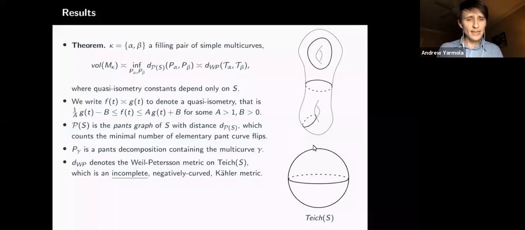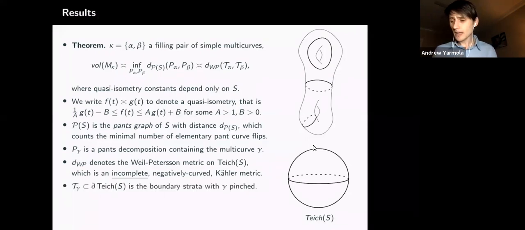And the Weil-Petersson metric is an incomplete negatively curved Kähler metric on this space, and it's very natural and quite interesting. The nice thing about it being incomplete is that you can take a metric completion of it and study that. Essentially, that is where T alpha and T beta live. They actually live on the boundary of Teichmüller space with this metric completion.